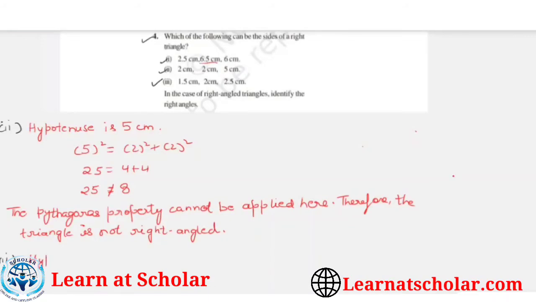Now the third one. 3 sides are 1.5, 2 and 2.5. The longest side is 2.5, that means it is the hypotenuse. 2.5 square is equal to 1.5 square plus 2 square.